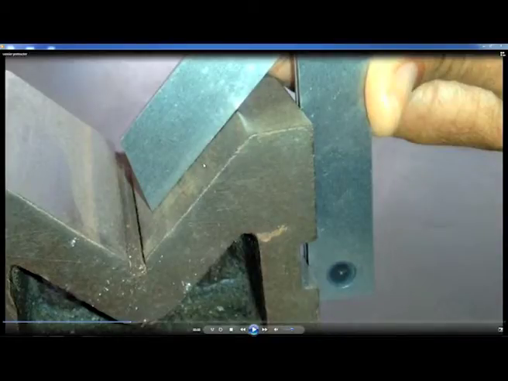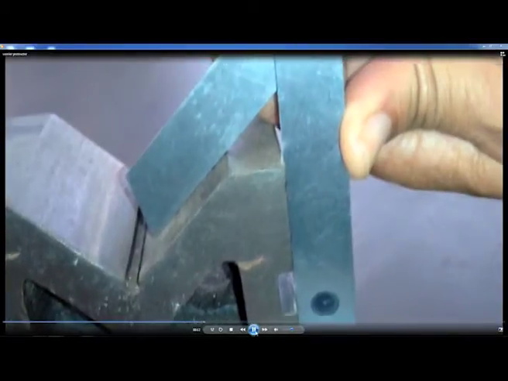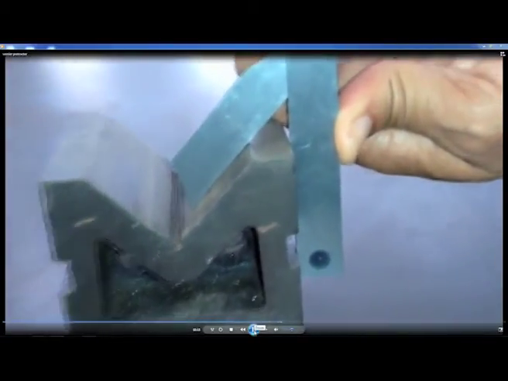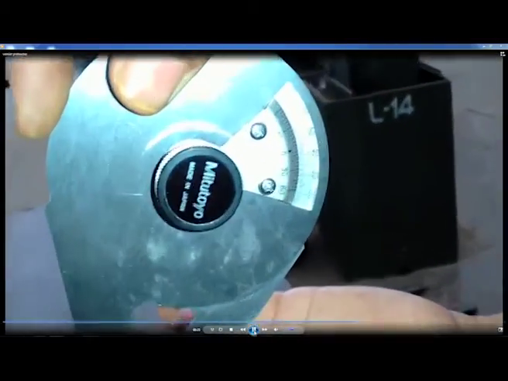So, if necessary, we can take a piece of paper or a feeler gauge, and we should try to insert it here to see whether there is proper contact or not between the work surface and the blade. Now you can see the contact at this particular place. Yeah, now we can read the instrument.